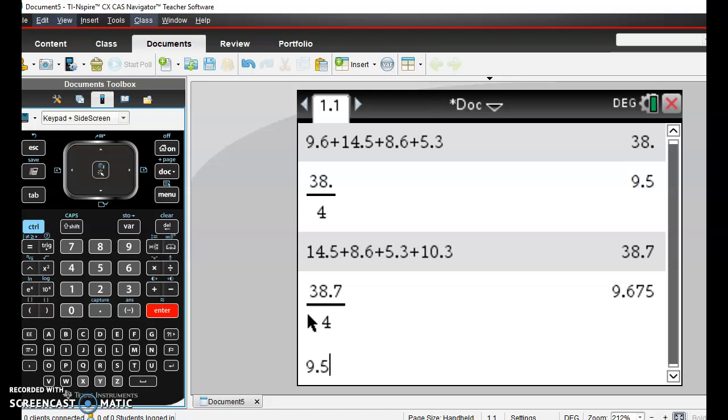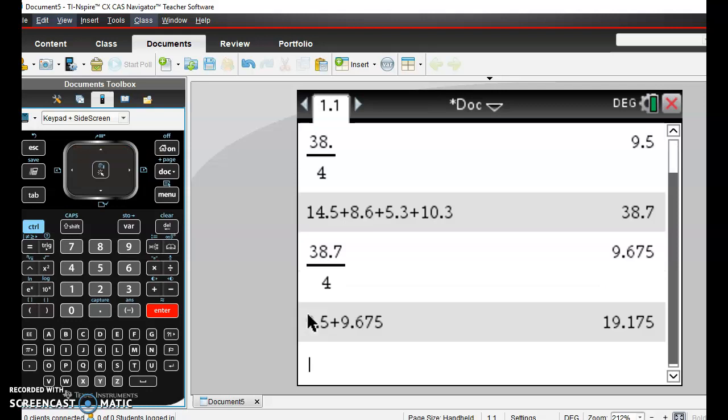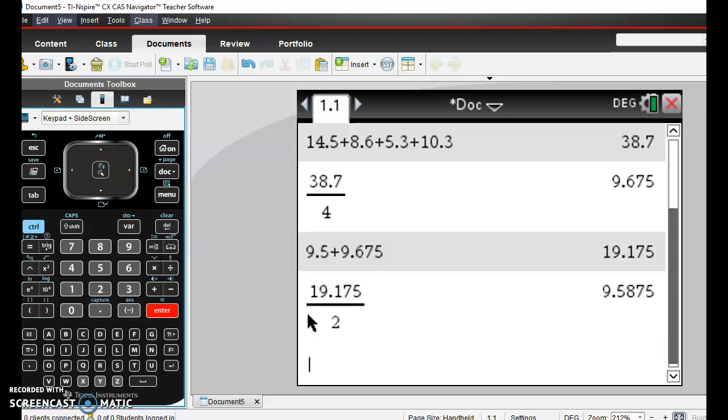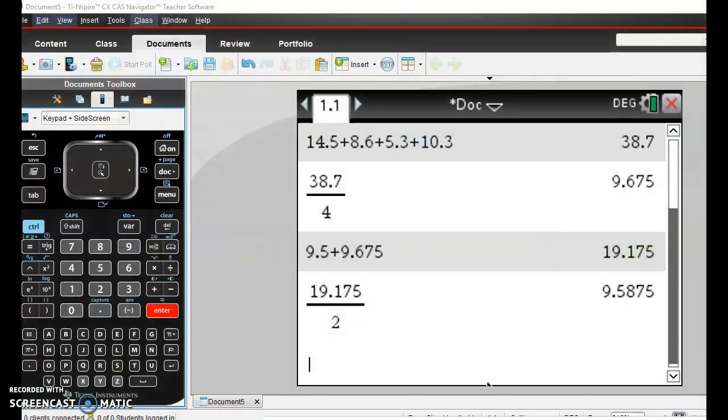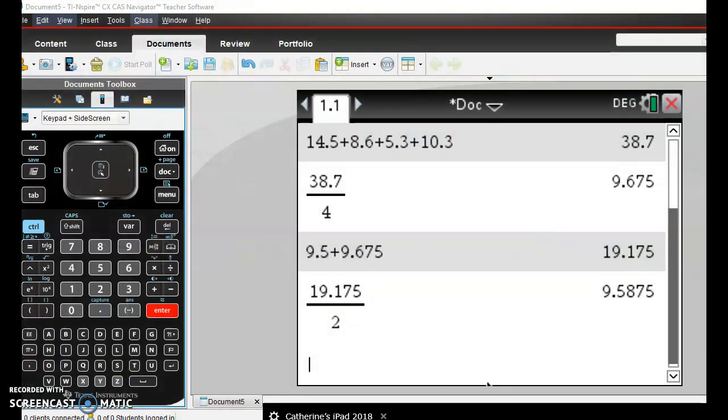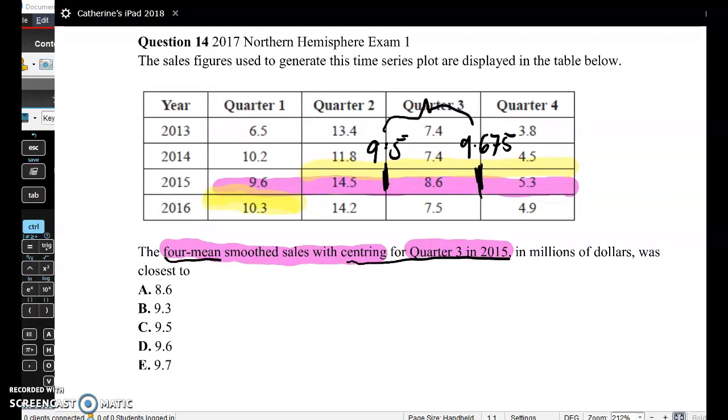Grab that one plus that one. Find the mean, divided by 2, and that's 9.5875. So that is closest to D.